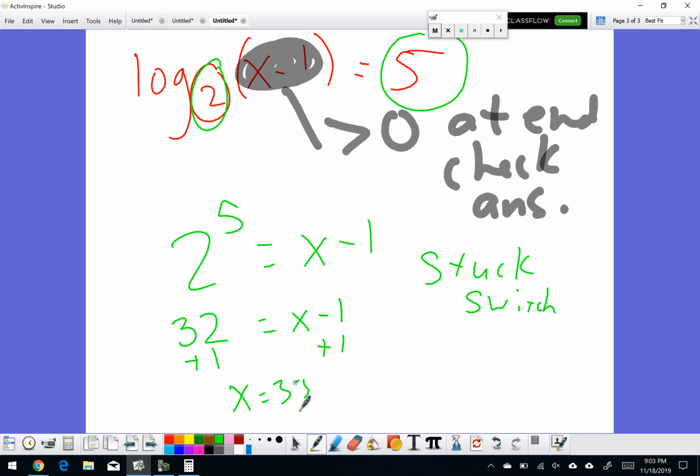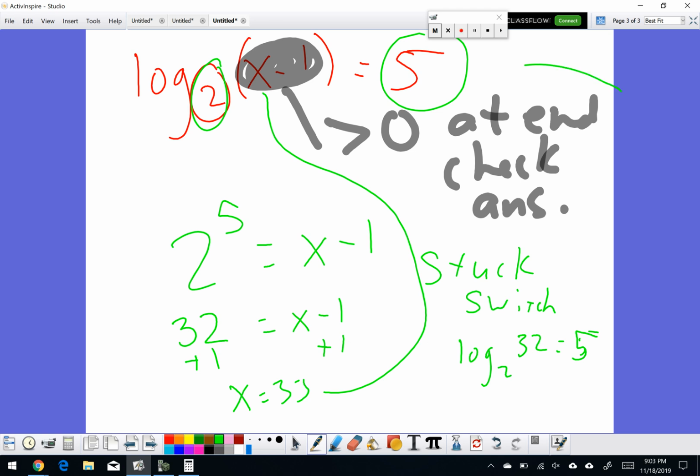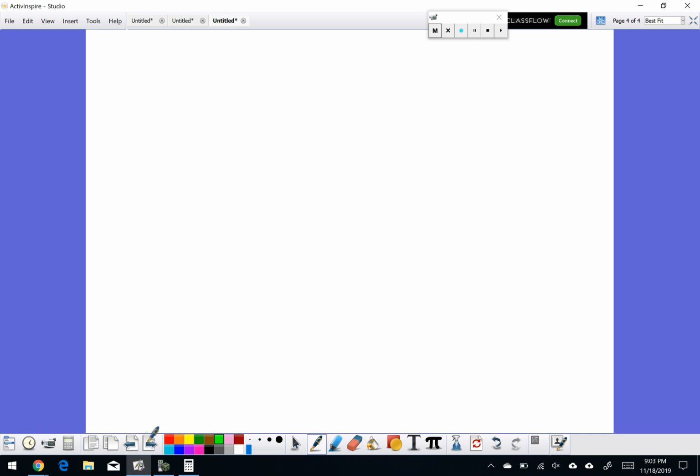X is 33. Once again, check it. So that's log base 2 of 33 minus 1, which is 32. Does that equal 5? 2 to the 5th power, does that equal 32? Sure does. So that's a valid solution. Make sure you do check. Checking is important. At the end, check your answers. Sometimes they're going to give you answers that will not work. Let's try this next example.